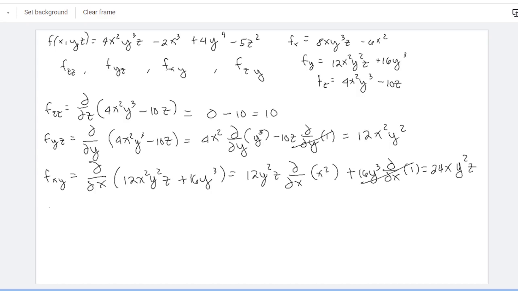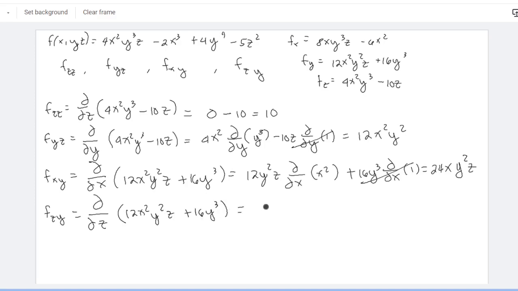And finally, fzy. This is the partial derivative with respect to z of fy, which is 12x squared y squared z plus 16y cubed.